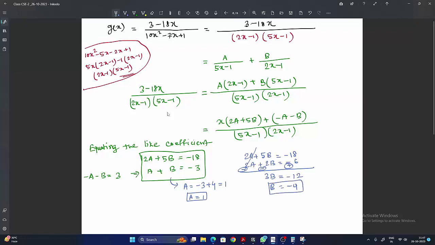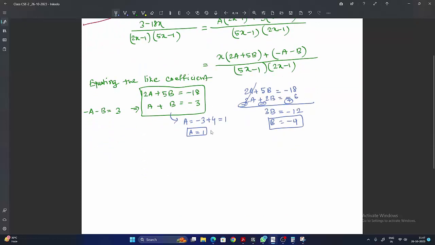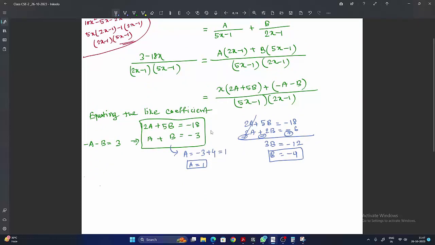So if you take the partial fractions of the g(x) term, g of x will be, a value is 1, that means 1 by (5x minus 1), and b value is minus 4, that means minus 4 by (2x minus 1). Okay. Now you have to express it in the form 1 minus 2x, 1 minus 5x.